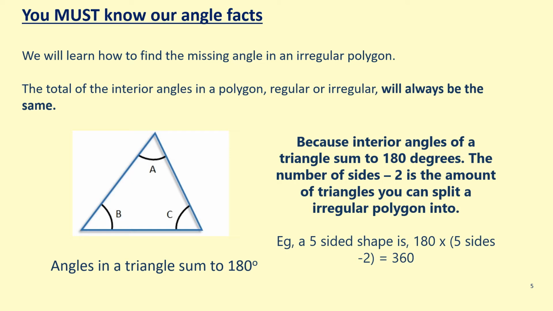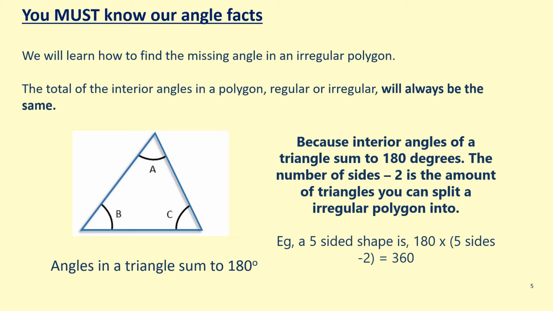We will look at splitting that polygon when you see the irregular polygon in a minute, so it makes more sense and you get a visual image of this. So this rule of 180 degrees is going to help us today split our irregular polygons and get us to our answer for an interior angle size.